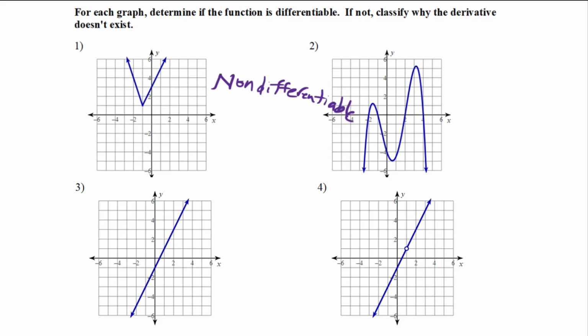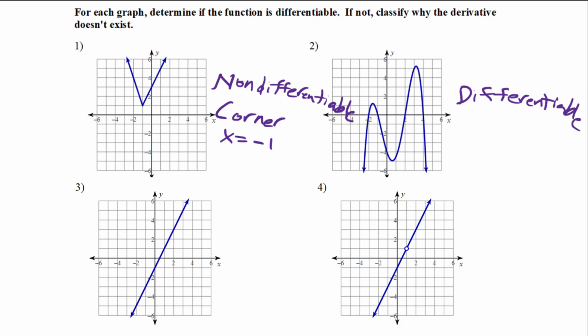So you could just say no. If not, what do we have here? We have a corner, and the corner is when x is equal to -1. The second one here looks pretty smooth, so that is differentiable. And there are no corners to it. There's no cusp.